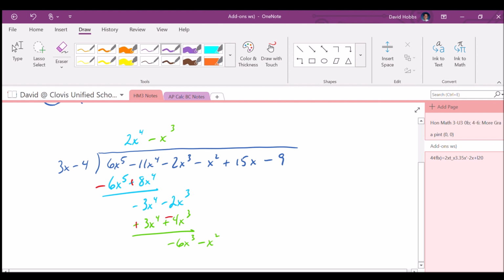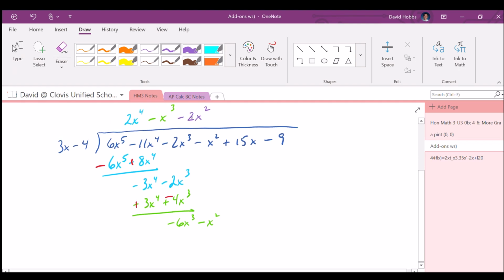Okay, so what times 3x gives me negative 6x to the third? Well, negative 2x squared. So negative 2x squared times 3x is negative 6x to the third. Negative 2x squared times negative 4 is positive 8x squared.